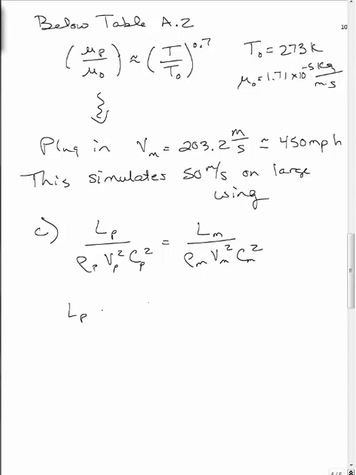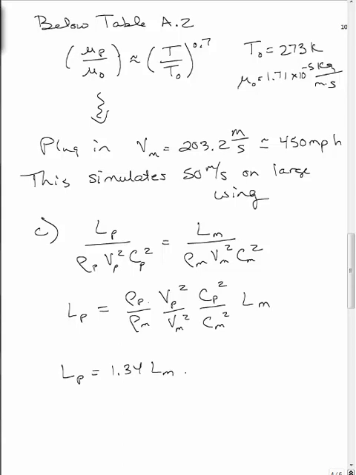Lift on our prototype, that's what we're trying to find, equals rho prototype over rho model, times V prototype squared over V model squared, times C prototype squared over C model squared, times LM. What I get when I plug that in is 1.34 LM. So basically you do your model test at 450 miles per hour, you get some lifts, and then you multiply that lift by 1.34 to get your prototype.